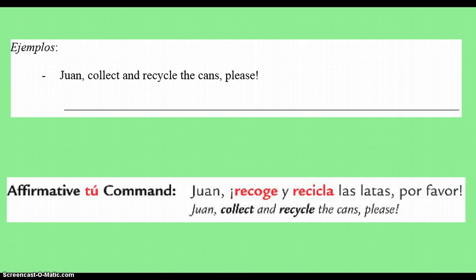So, the affirmative tú command for Juan would be Juan, recoge y recicla las latas, por favor. All we did was take the S off of the tú form, and bam, we got our commands.